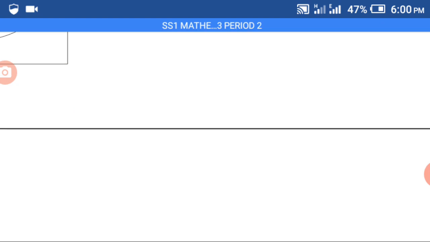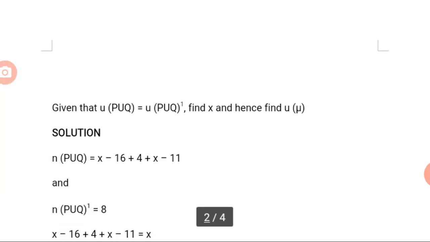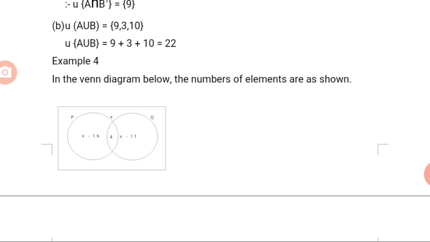Therefore, we have this. And the number of P union Q complement is x, not 8, it is x. From this, it is a typographical error. That is the x that is outside the circles.